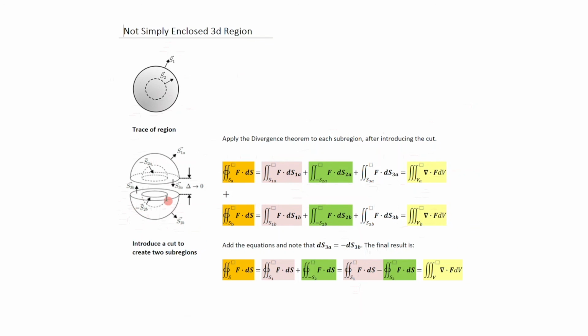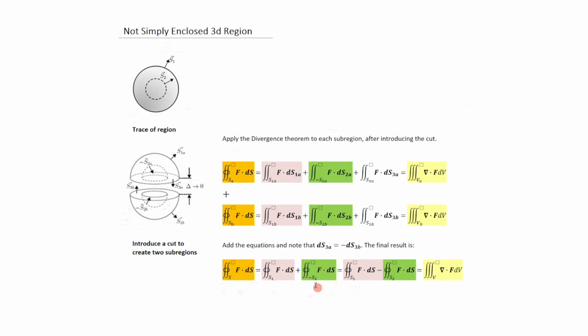So when you add the two together, the flux contribution from this surface and this surface cancels. And so finally we're left with the expression shown here, that the closed surface integral, when you join the two together, is just a contribution from S1, the exterior surface, plus a contribution from the interior surface, but here at minus S2, which is pointing inwards, not outwards.